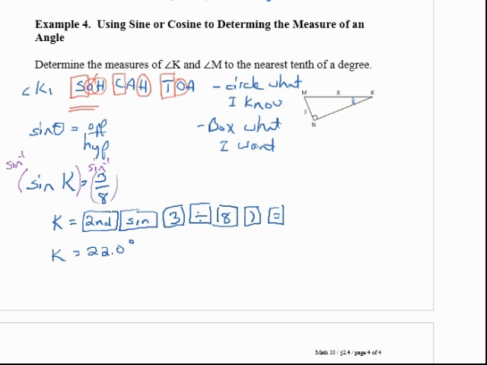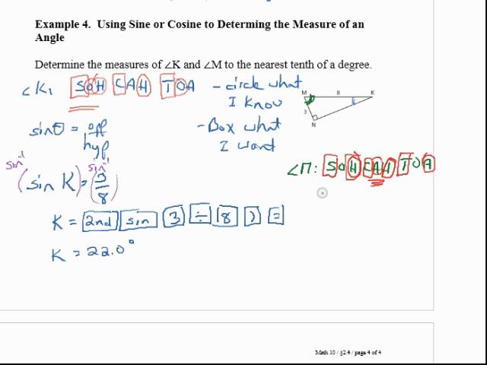And then we need to do angle M. I'll do the SOH CAH TOA again. For angle M this time, I know the hypotenuse. I'll do this in red again. I know the hypotenuse, and I know the adjacent, so I'm going to circle the adjacent. And I'm looking for either the tan or the cos or the sine. So I'm going to use cosine this time.